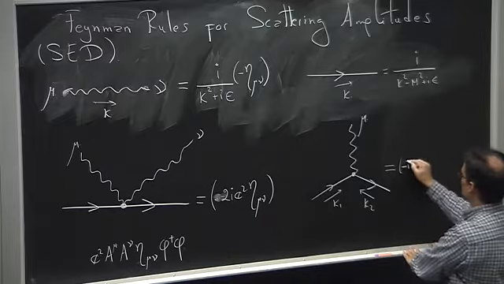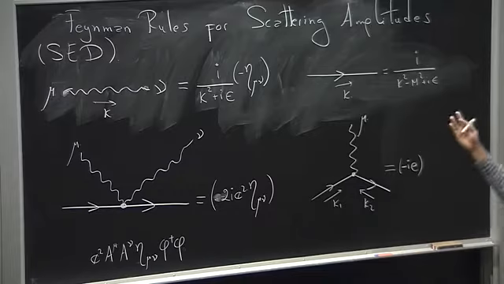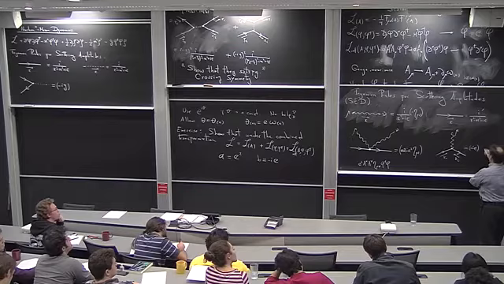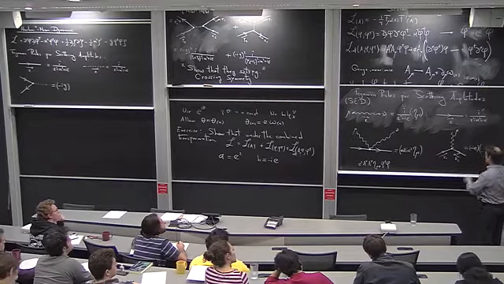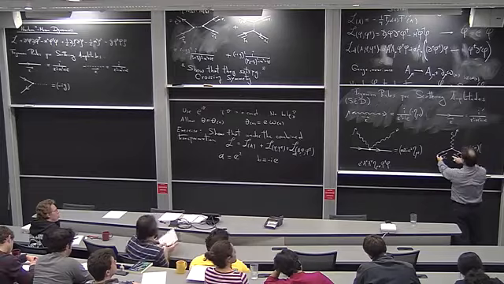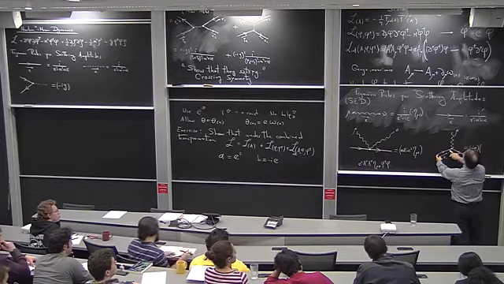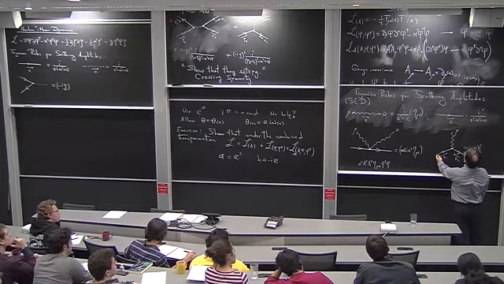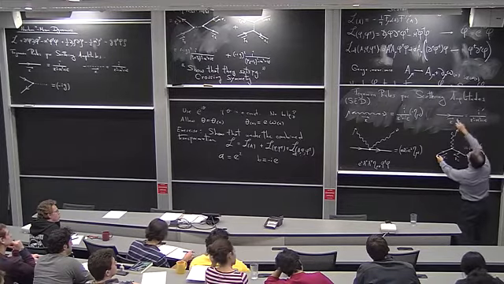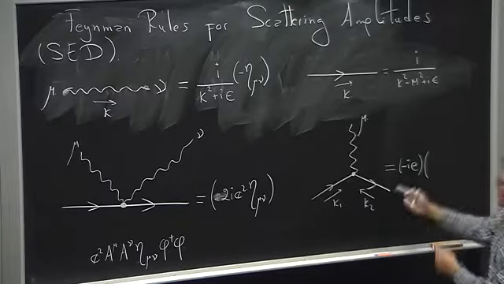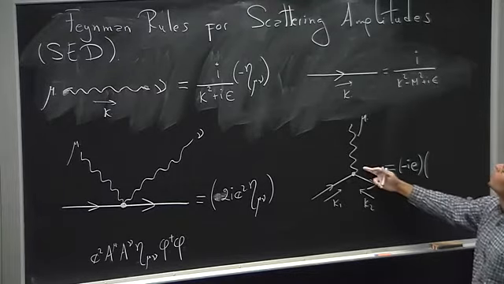Well, it's going to be minus ie. Of course, it has to be proportional to that. And then, what do we get? Well, we will get a K coming from the nucleon. But the first term, sorry, let's start with the first term. The first term has a derivative acting on the antinucleon, okay?